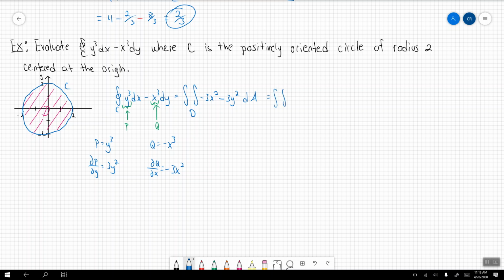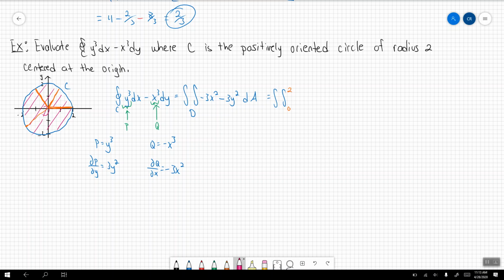Now let's start setting this up. Well, what kind of domain do we have? If we have a circular domain, chances are I want to use polar coordinates. So if I'm using polar coordinates, I need to identify what radii I'm sweeping through. At all times, the radii we are sweeping through go from 0 to 2.